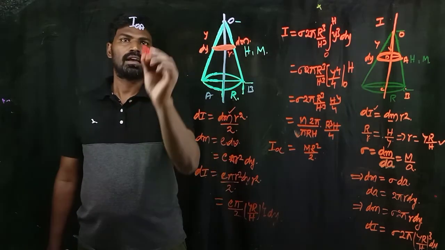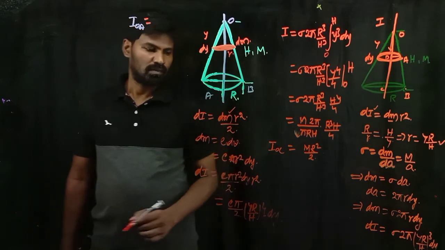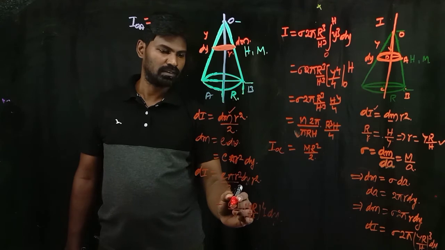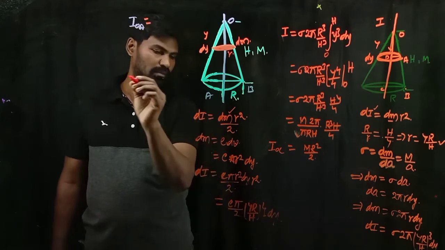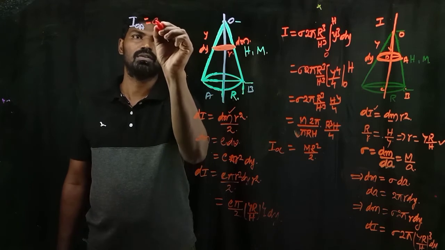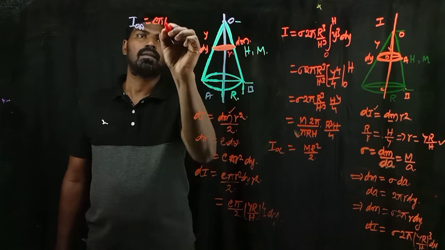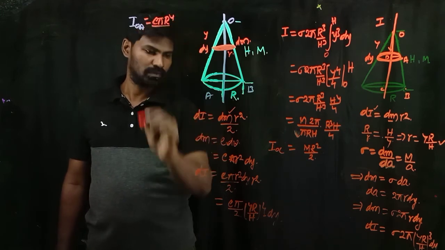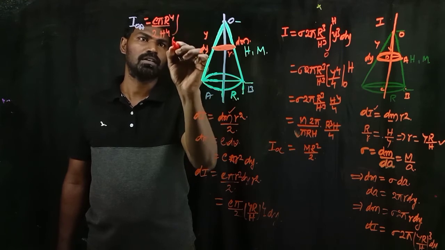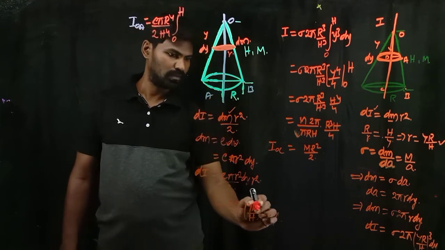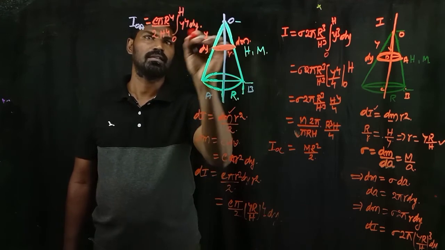Okay, so to calculate the total moment of inertia I_OA, what should I do? Simply I should integrate. In this integration, rho, pi, 2, R, H are all constant. That's why I'm pulling them outside the integration. Rho into pi into R power 4 divided by 2 H power 4, into integration from 0 to H of y power 4 dy.